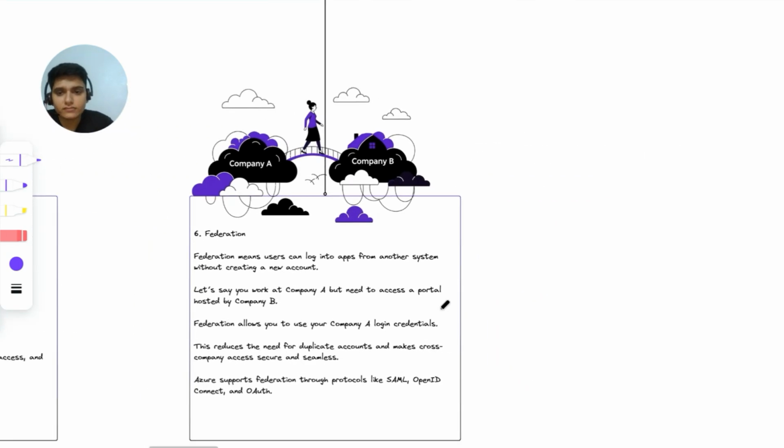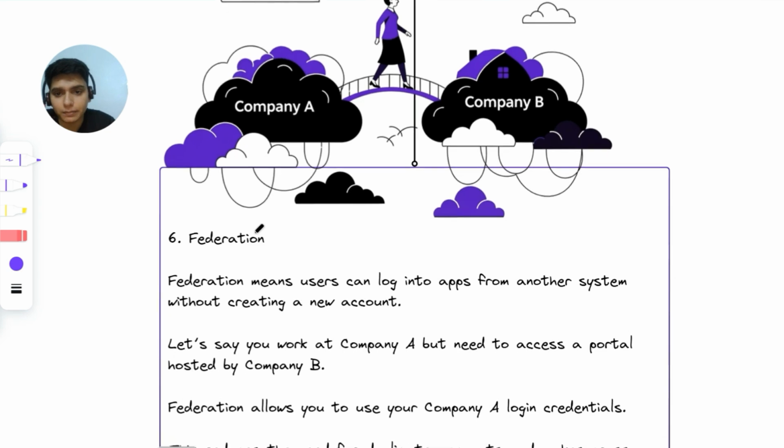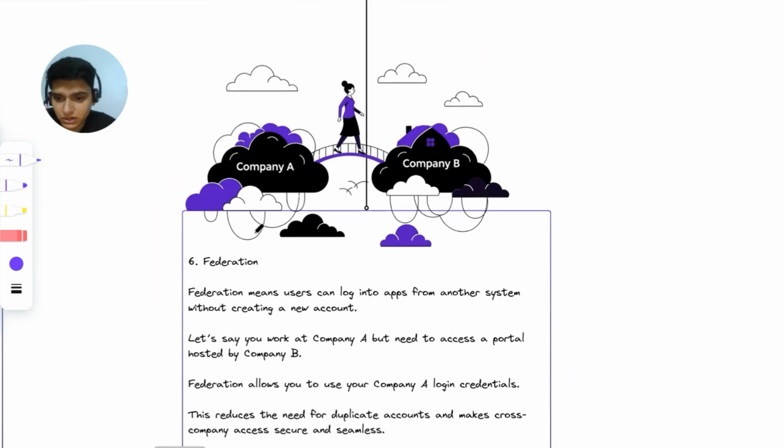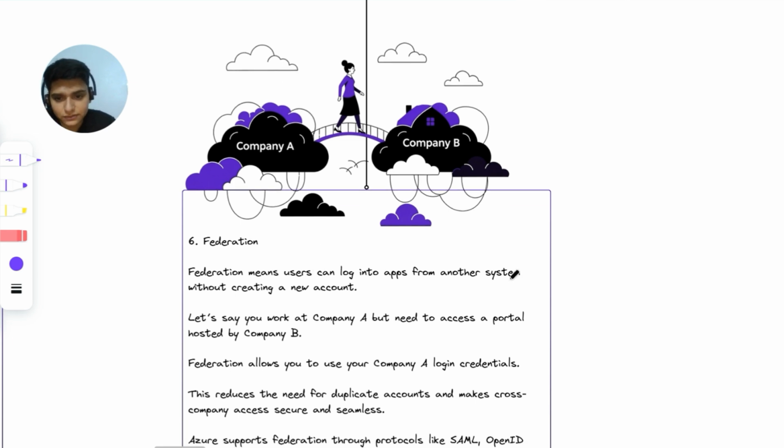Let's head over to the sixth topic of part B, section 1, which is federation. What does federation mean? Federation means users can log in to apps from another system without creating a new account.